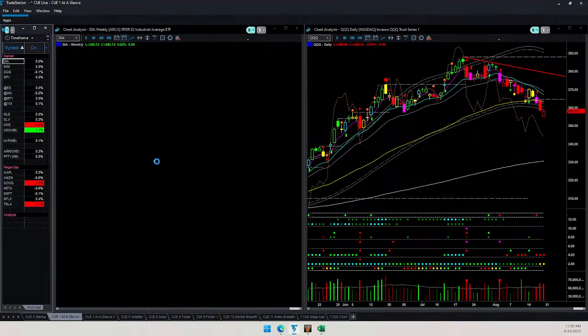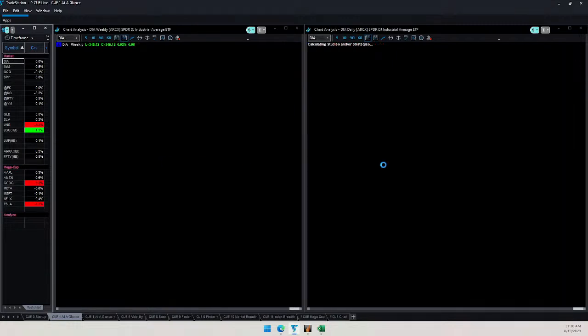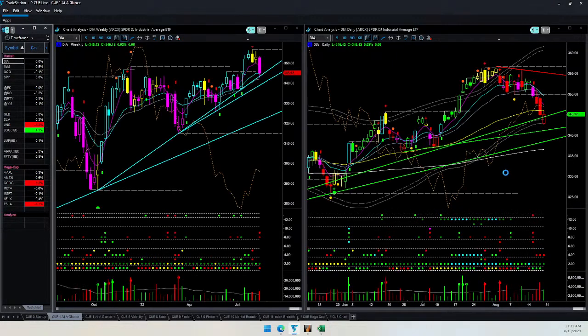Okay, what about DIA? Now we see more reasons to turn bullish. DIA stopped right at weekly as well as daily trend line support. These trend lines hold very well, so that's a reason to turn bullish.